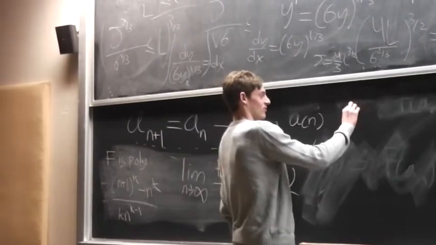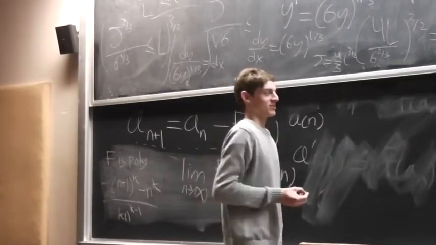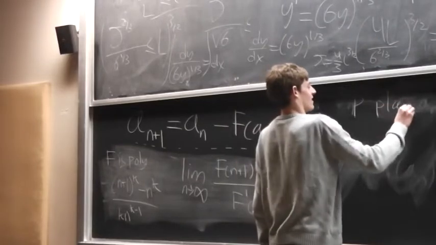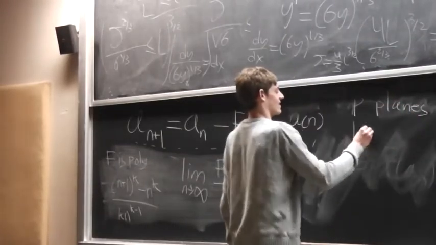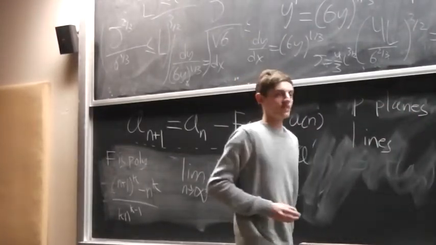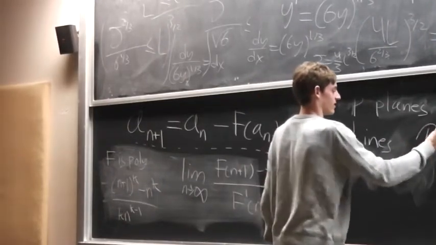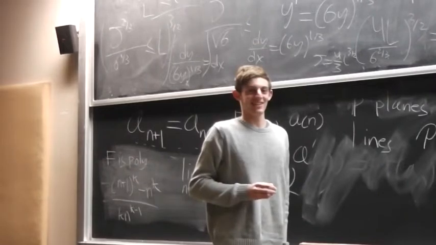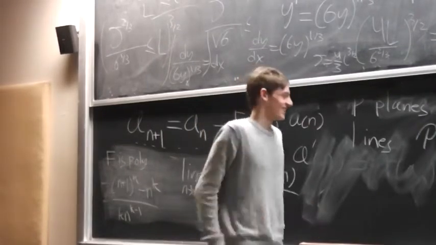So we're going to prove this theorem. It's going to be really deep. If we have P planes and L lines in R3, then the number of plane-line intersections is at most P times L. Okay, I know.